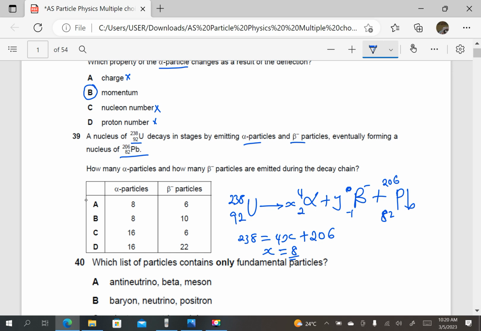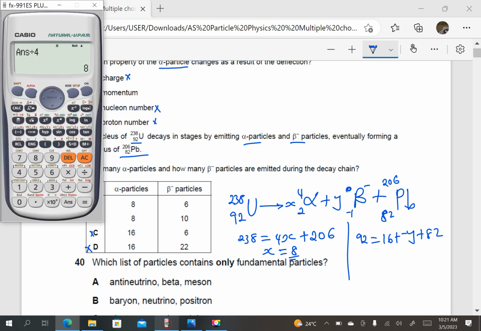So it means we have eliminated C and D. We have A and B. Since we have 8 alpha particles, we can now find Y. Let's consider conservation of proton number. On the left-hand side, we have 92. It should be equal to the right-hand side: X is 8 times 2, which is 16, plus Y times -1, that is negative Y, then plus 82.